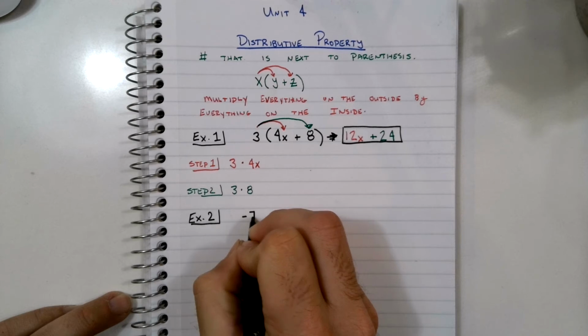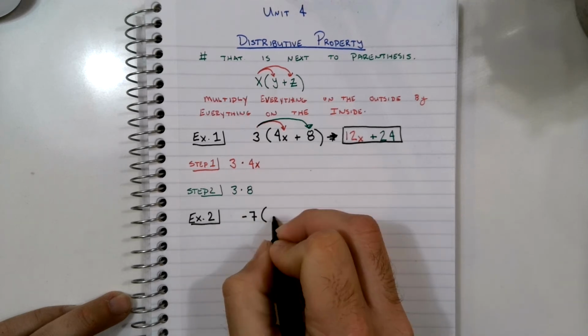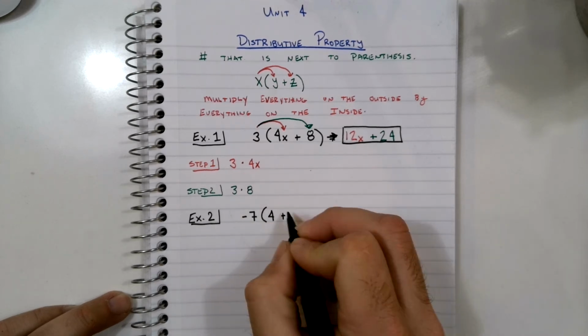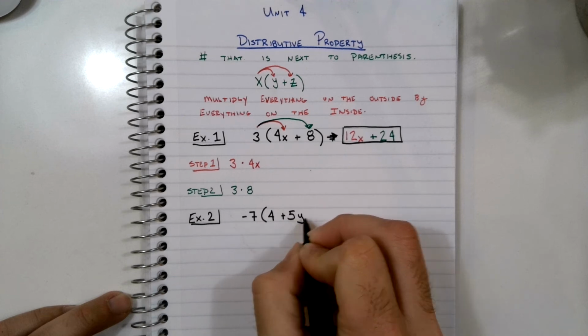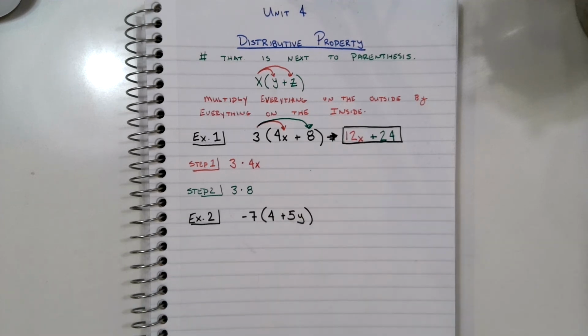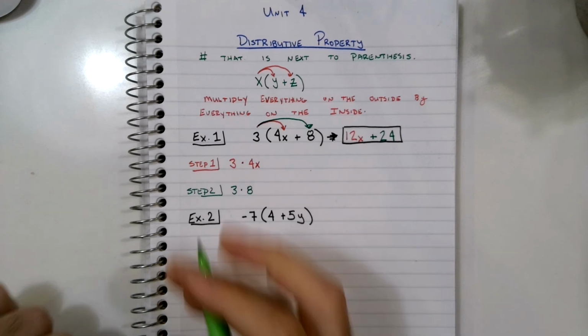Let's say I have negative 7 times 4 plus 5y. How do I know it's distributive property? Well, I have a number right next to parentheses, which means to multiply.